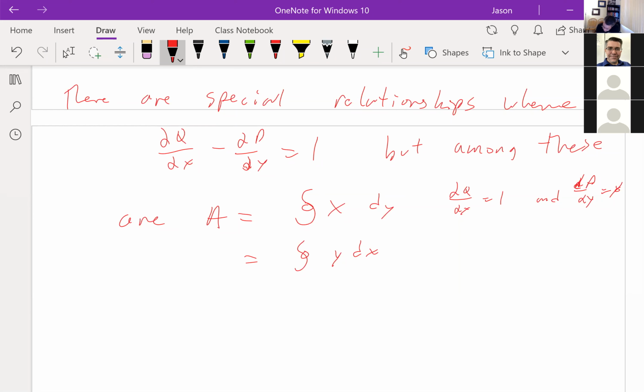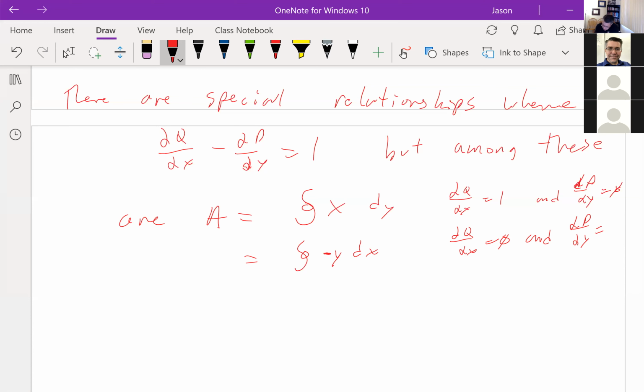Okay, actually it's not. It's negative y dx. And why is that? Because if we were to take the partials, in this case dq dx would be 0, and dp dy would equal negative 1.